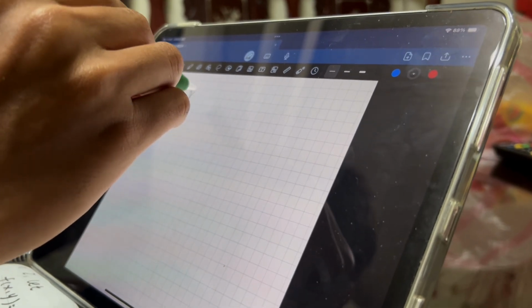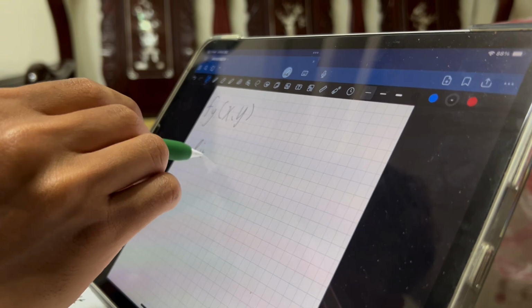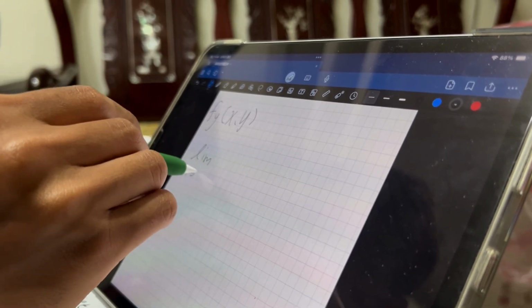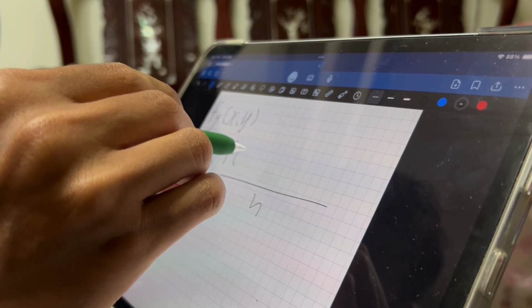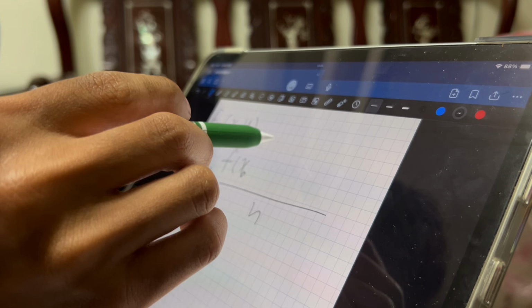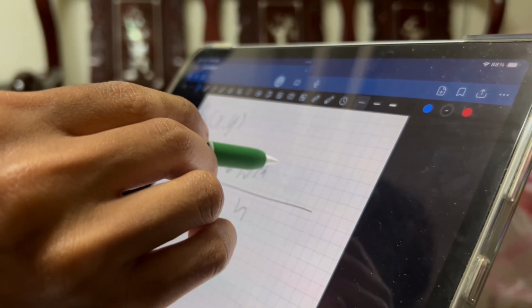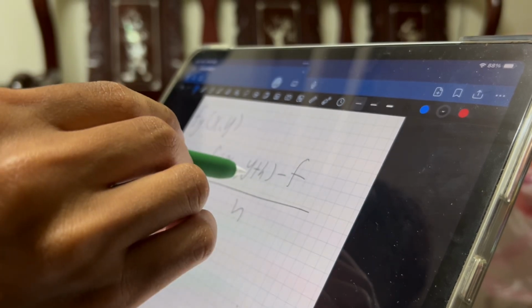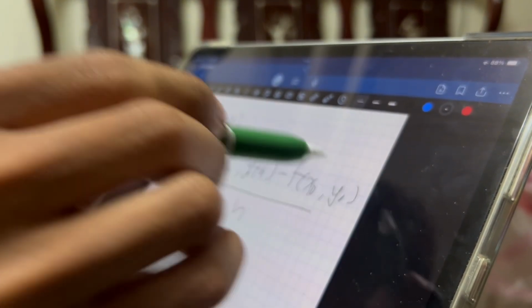Next, we look at f sub y of x, y, the partial derivative with respect to y. By definition, the limit is still the same, h close to 0 and divided by h. This time, the x did not move, x0. The y moved a little bit, minus f of x0, y0.